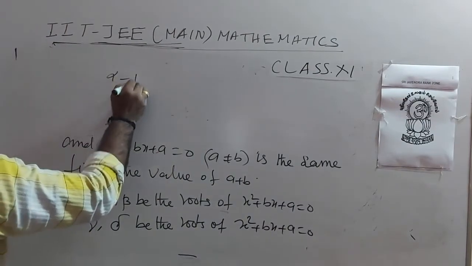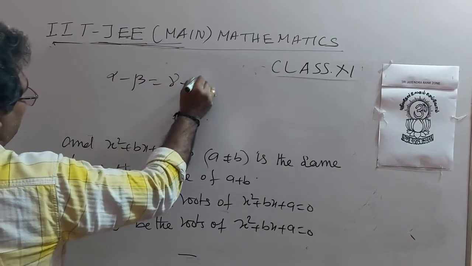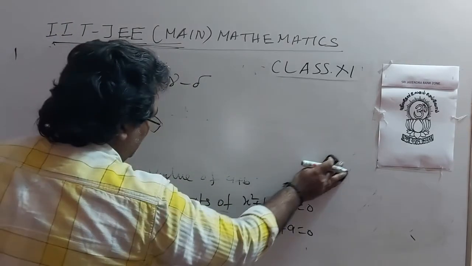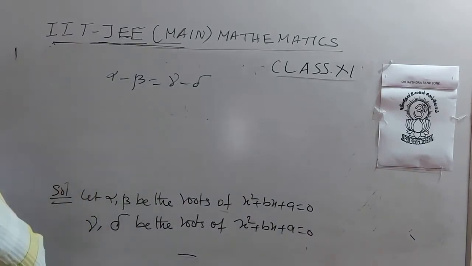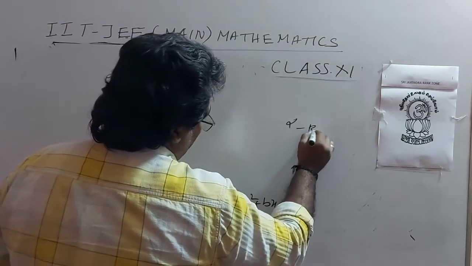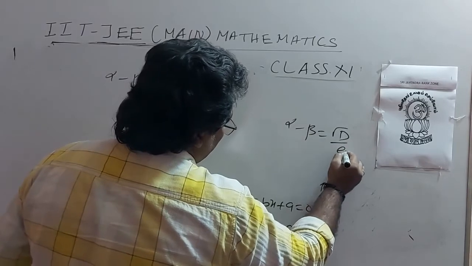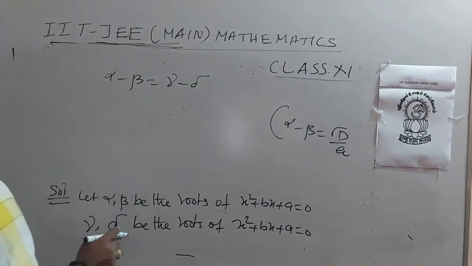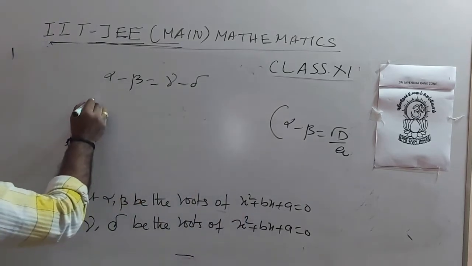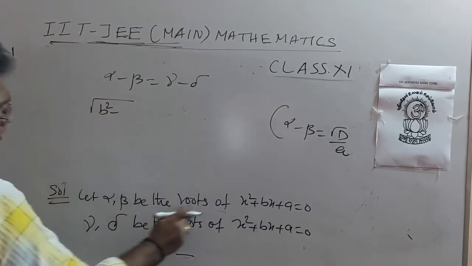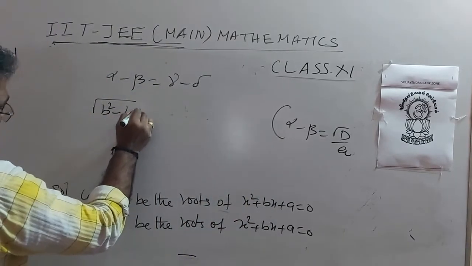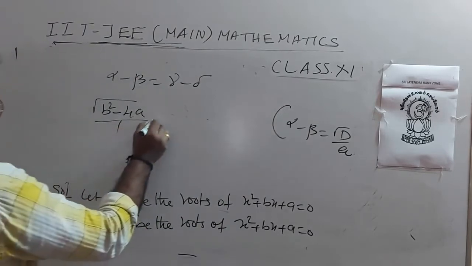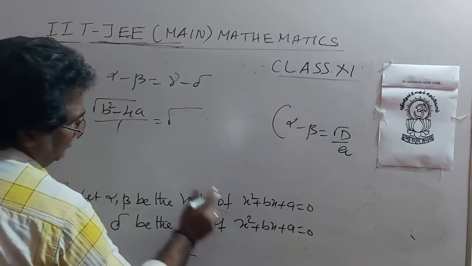So it is given that alpha minus beta equals gamma minus delta. We know that alpha minus beta equals root d by a. This is a formula discussed already. So root d, here b squared minus 4ac, and a means the coefficient of x square, that is 1.